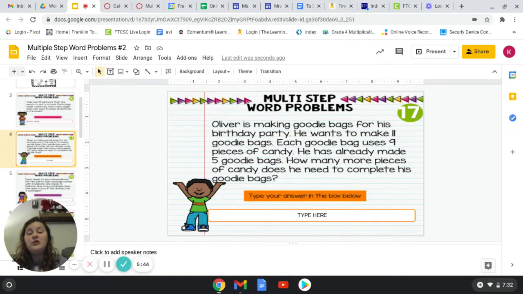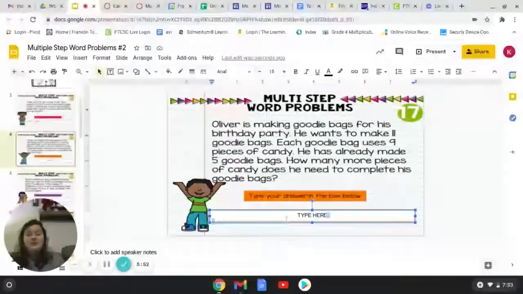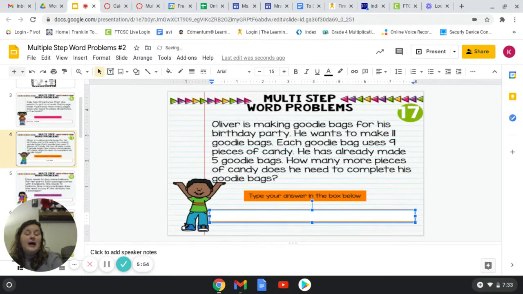So how many more pieces of candy does he need to complete his goodie bags? Again, I'm going to get rid of this type here because I don't need that. And then I know that he's going to need 11. That's how many he wants to make. So I'm going to type in 11 right here.